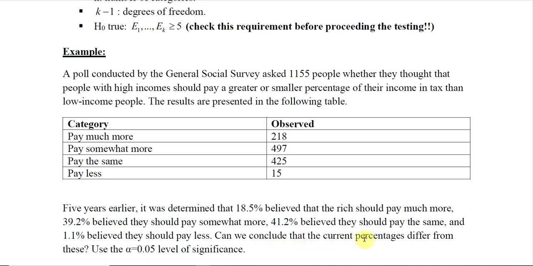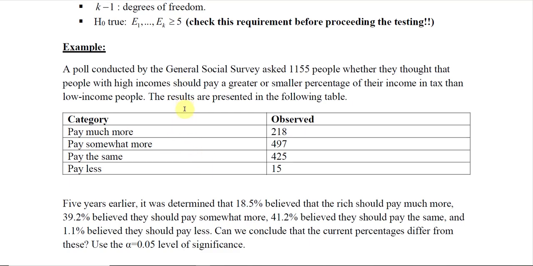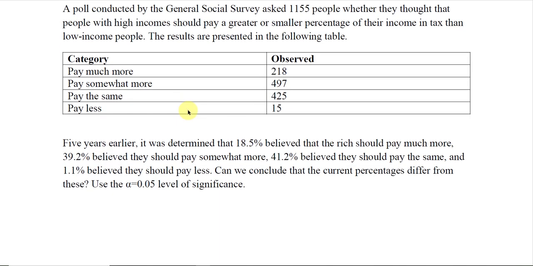Can you conclude that they differ from one another? We use alpha, the significance level, of 0.05 for the testing. This is categorical, or qualitative, data, and we can apply the goodness of fit test, which uses the chi-square distribution, to perform the testing.